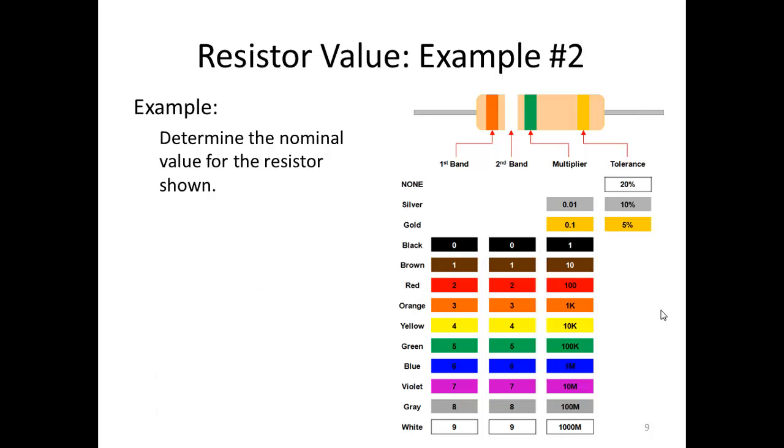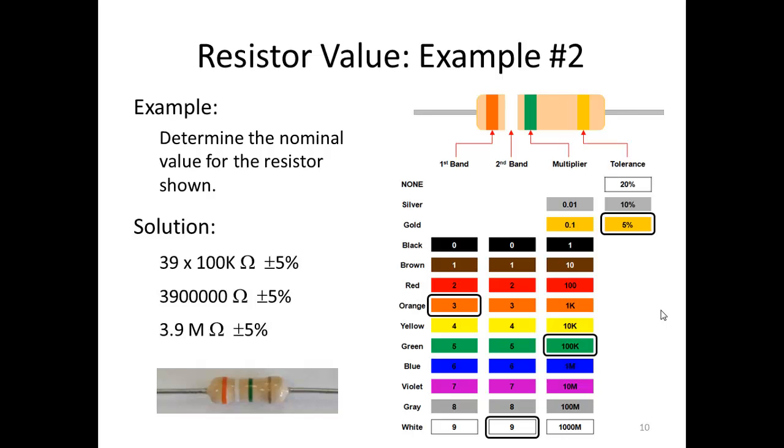All right, the second example, we have orange, white, green. Orange would be 3, white would be 9, green would be 5, or 100,000, and the tolerance again is 5%. So that would be 39 times 100K.